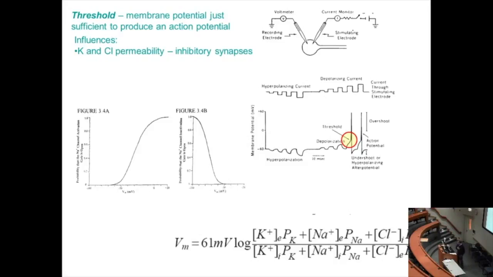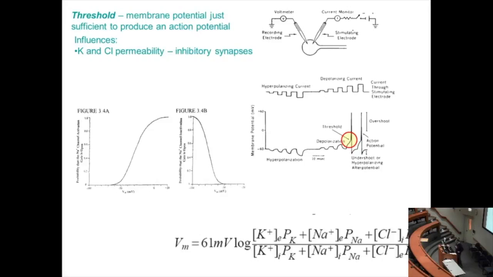The potassium and chloride permeability will make a difference here. Potassium always dragging you down toward minus 95, and it will always resist changes in membrane voltage by trying to drag you negative.